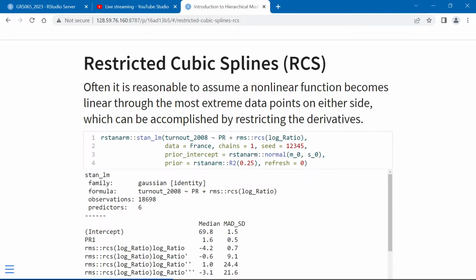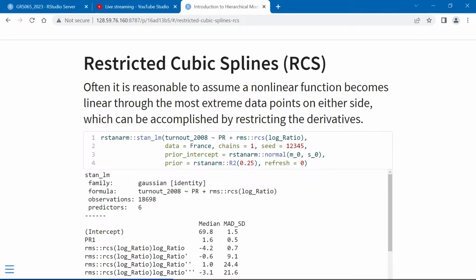Anyway, in the RMS package for regression modeling strategies, there is the RCS function for restricted cubic spline, which will take the variable that you give it and make the appropriate number of columns in X so that it has this piecewise cubic in the middle and linear going to the edges structure to the function, and then it just needs to estimate some coefficients on the corresponding columns of the X matrix.